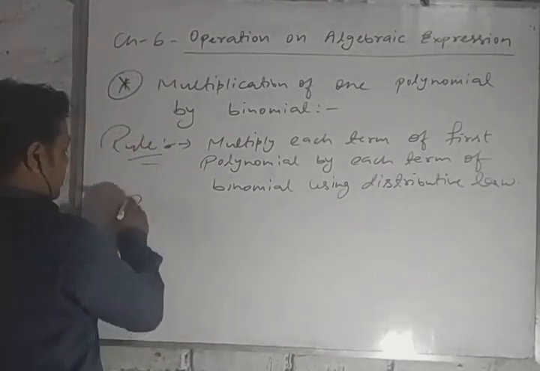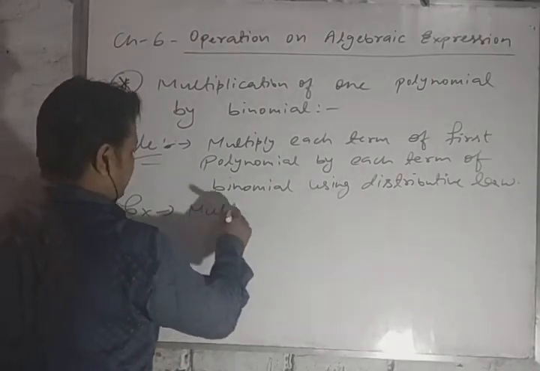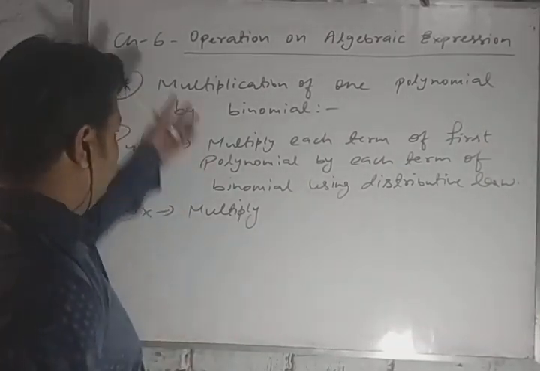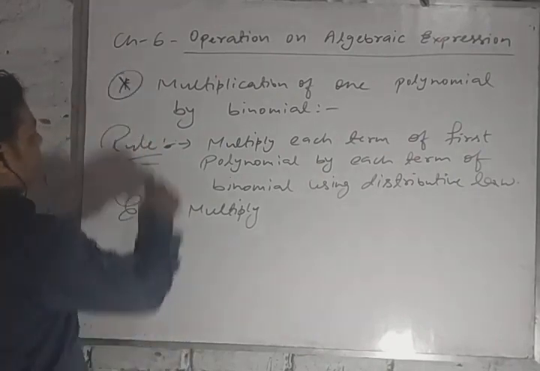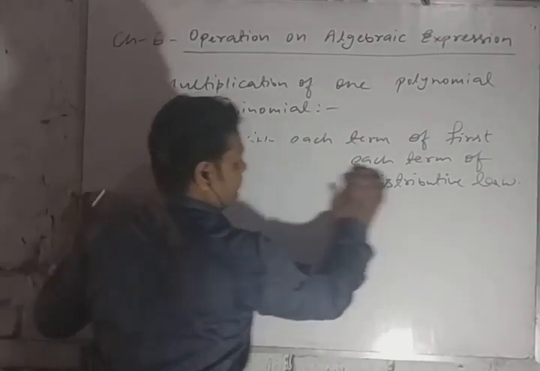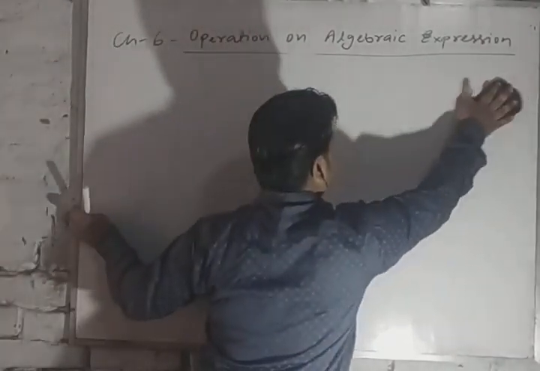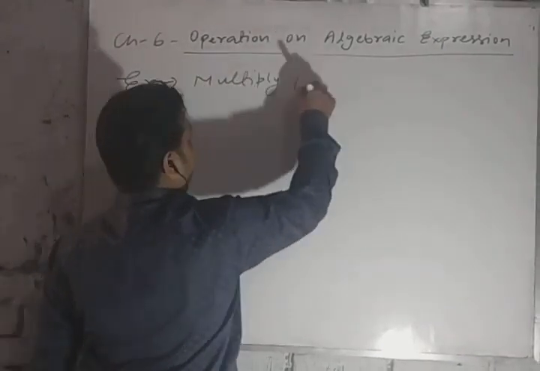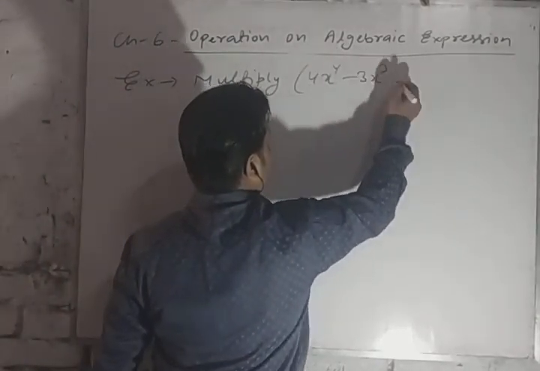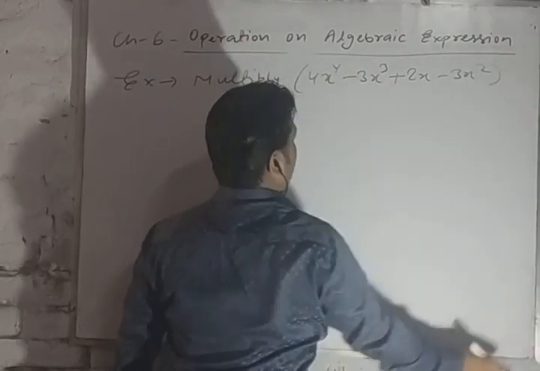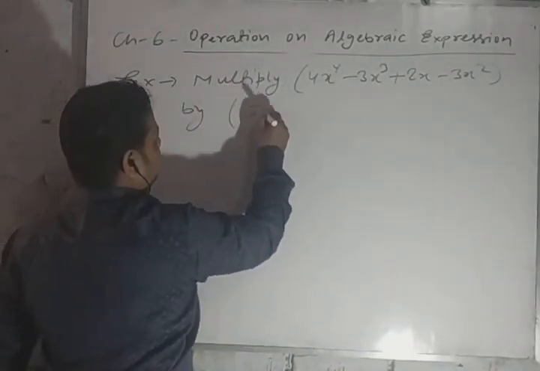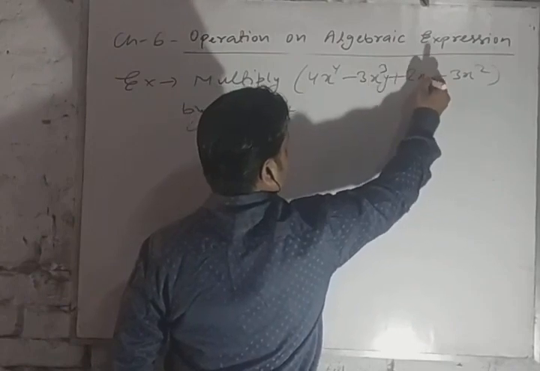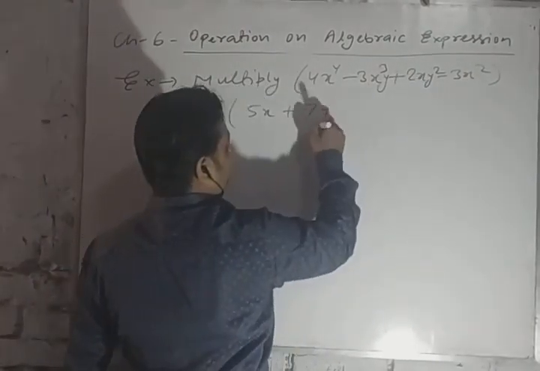So now the example is: multiply 4x to the power 4 minus 3x cube y plus 2xy square minus 3y square by 5x plus 7y.